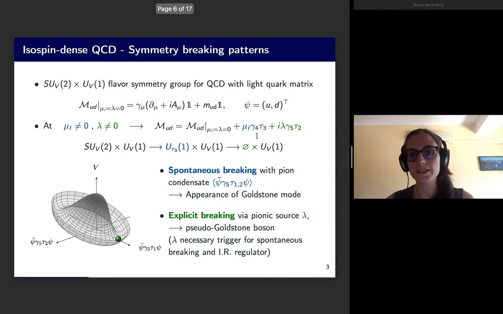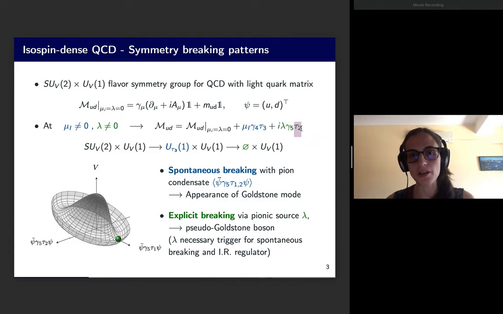We should rather take into account another term at the level of the fermion matrix, which enters with a coupling lambda different from zero, which is called the pionic source, and it is coupled with an imaginary unit and then gamma 5 tau 2.